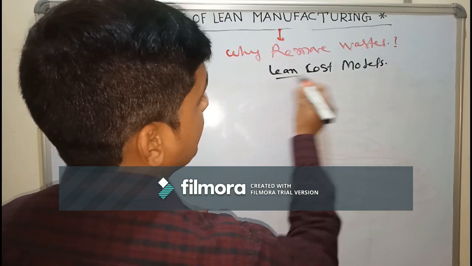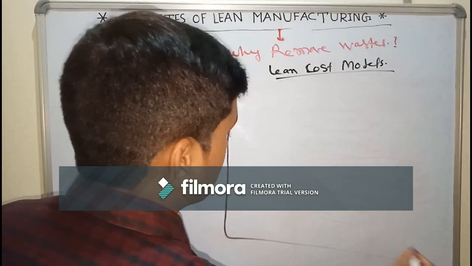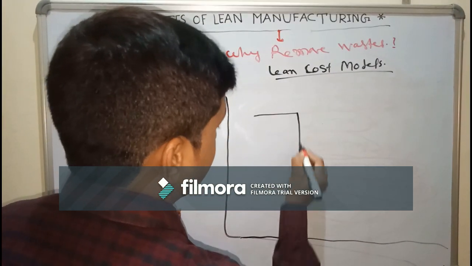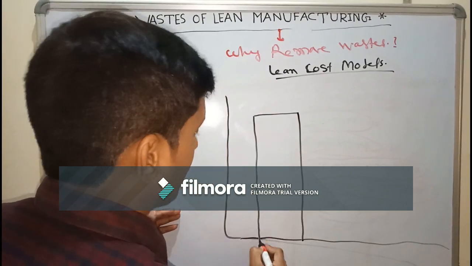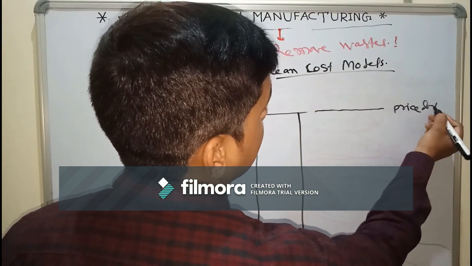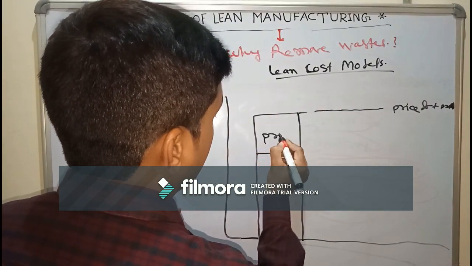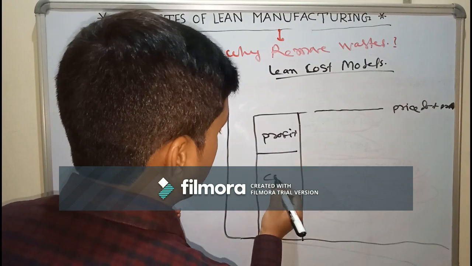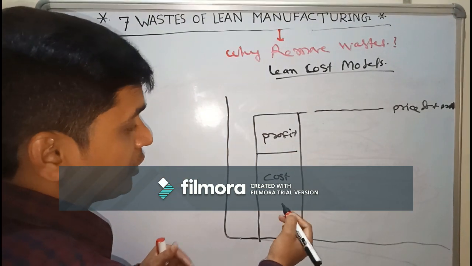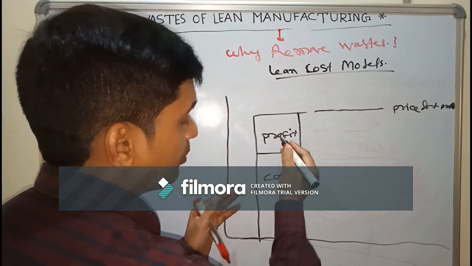The old model is that the price of any product depends on the profit and cost of the product. Cost plus profit: if you add the cost and profit, your selling price depends on profit and cost.